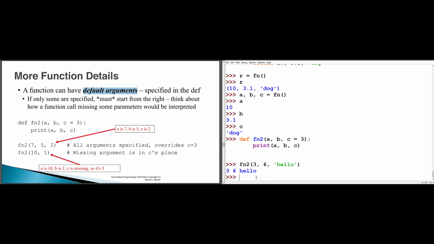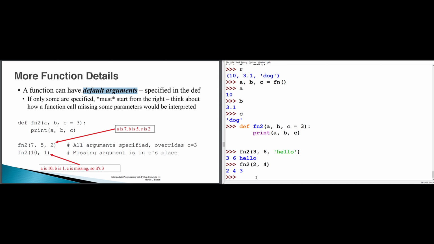But if I don't specify any value for that third argument, let me say 2 and 4. Very clever. If I don't specify anything for the third parameter, I get a 3 by default. Okay, so the value of c by default, if I don't specify a value, is 3.